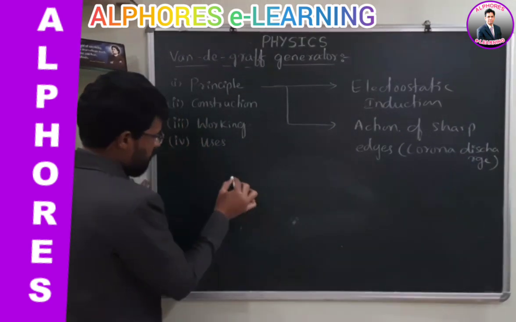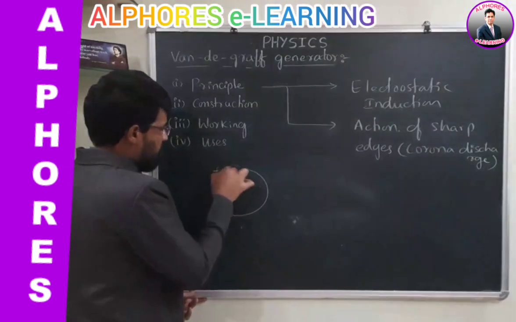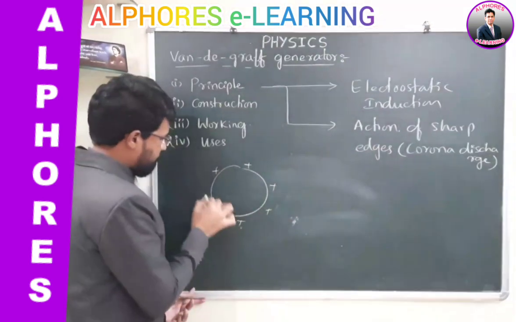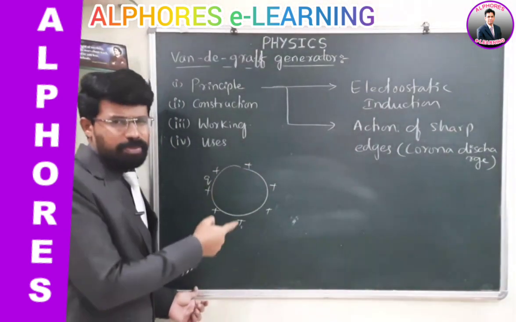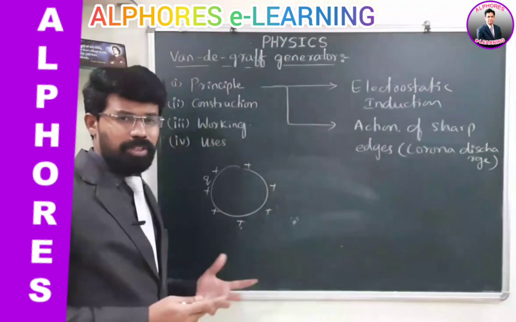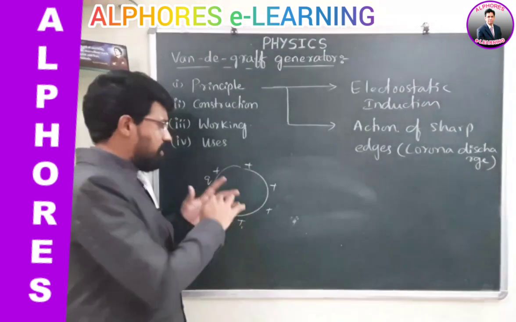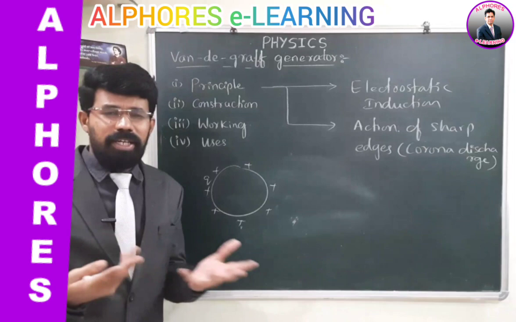For example, if you take a sphere, let us assume that some charge plus q is given to this one. How much charge is present on this sphere? Plus q. Conducting sphere or spherical shell, whatever it is. When you give charge to a conducting sphere, solid sphere, or spherical shell, the entire charge appears on the surface. I hope all of you know the reason why it happens like that.